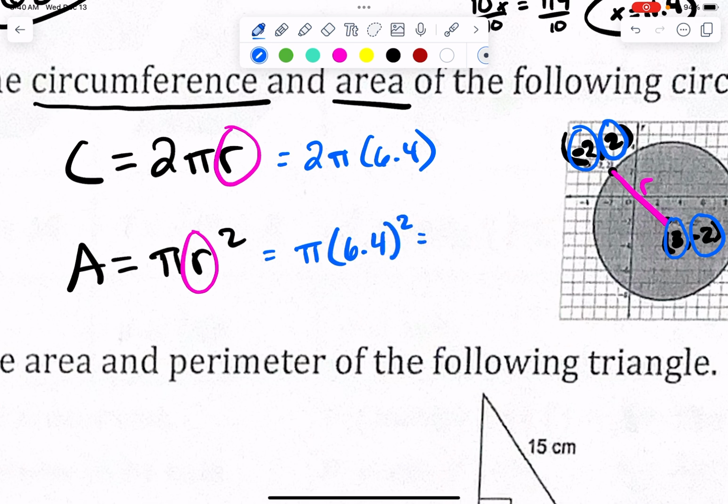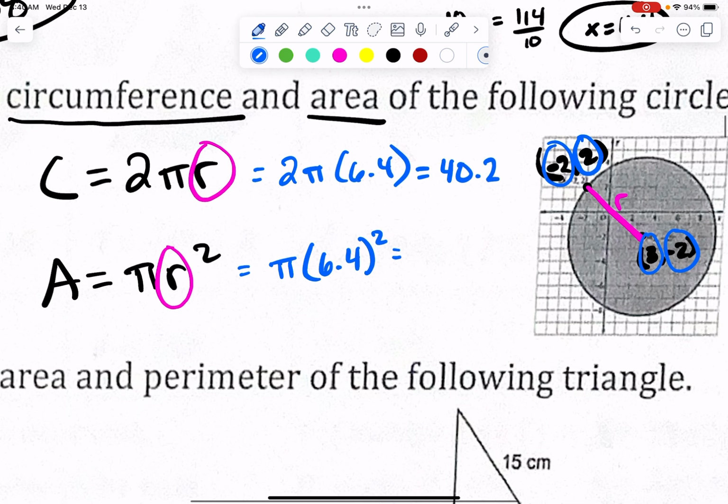Thank you, sir. Okay. 6.4 times 2 times pi. And make sure you use your pi button in your calculator. And I got something of the 40.2 nature. And we don't have units, so I'm just going to say units. And circumference is just in units.